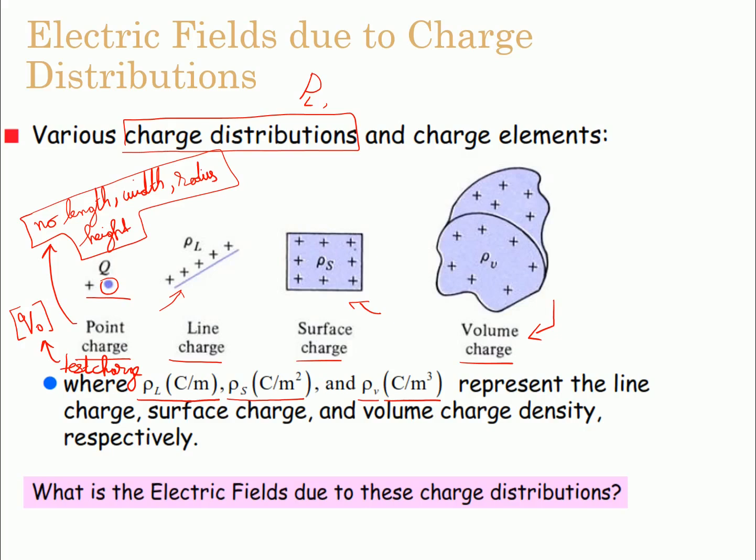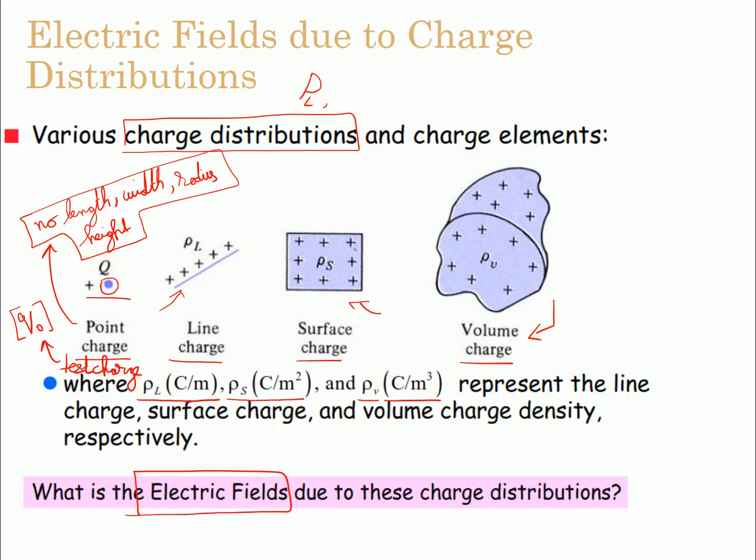So these are the symbols that are going to represent a single value of density of charges inside any shape or any space, that can be a straight line, a flat sheet as a surface, or any arbitrary shape.